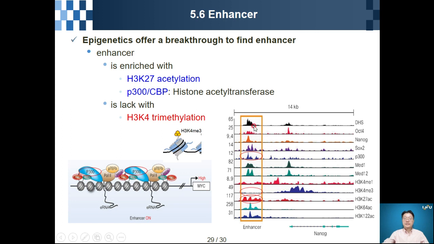Even though there are several markers, we usually use these three markers. If you find H3K27 acetylation or P300 enriched in a region, but there is no H3K4 methylation, this region may be an enhancer region.